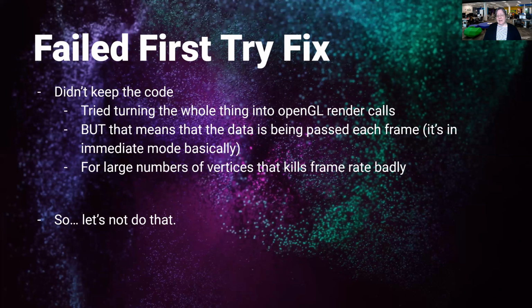So for a large number of vertices, this is really, really bad. So let's not do that. That was a failed fix. I did not save it. It's not on the repository. I'm forgetting that it happened.